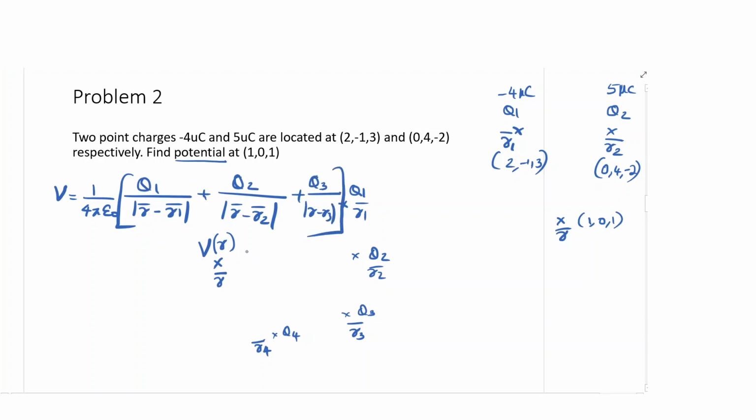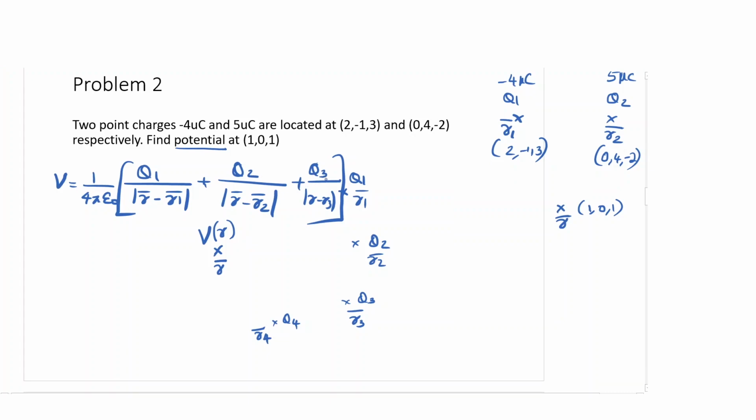It goes on. If there are three charges you can end it here; if they give four charges, plus Q4 divided by the magnitude of vector R minus R4. The charges Q1, Q2, Q3 will all be given. You know the value of 1 by 4 pi epsilon 0, so you can directly substitute it as 9 into 10 raised to 9. Then, in the denominator part, I'll tell you how to calculate it.